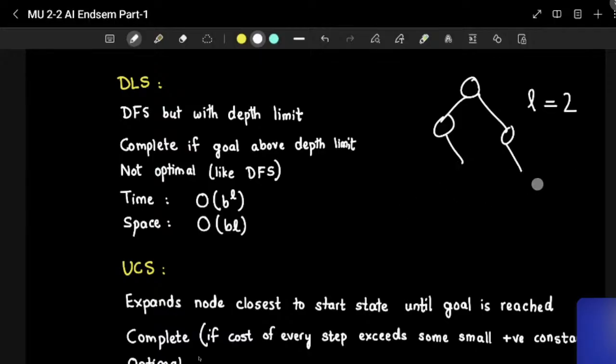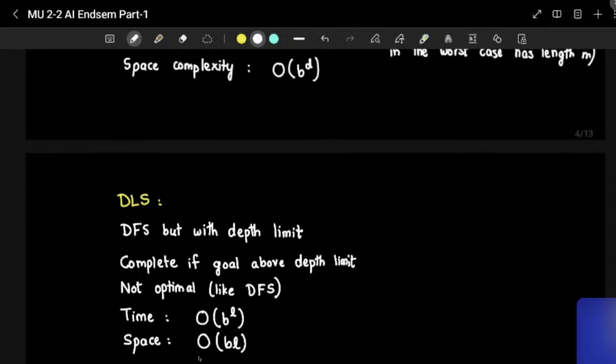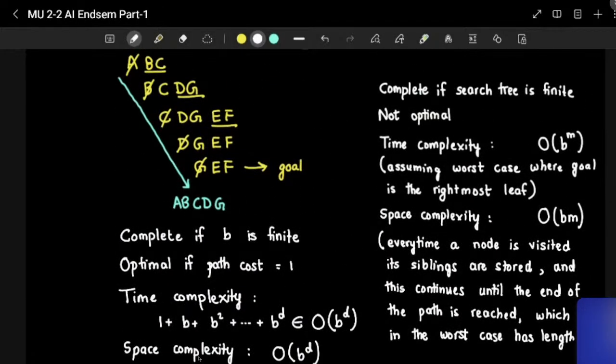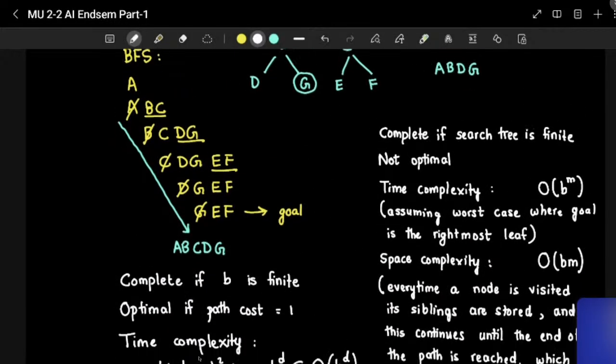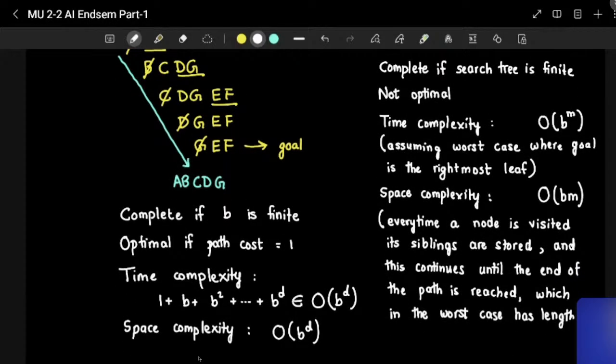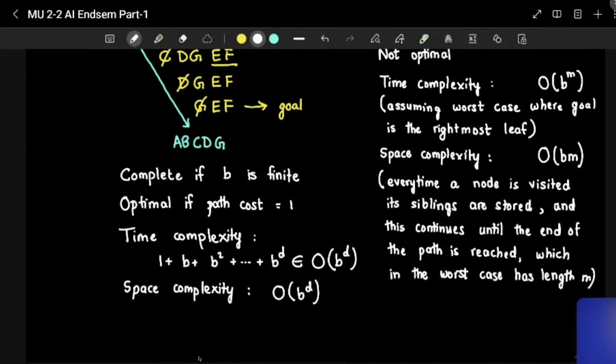It is not optimal. It's just like DFS. DFS is not optimal, so DLS is also not optimal, and its complexity will look similar to DFS. m is the max path length, right? The maximum path length.